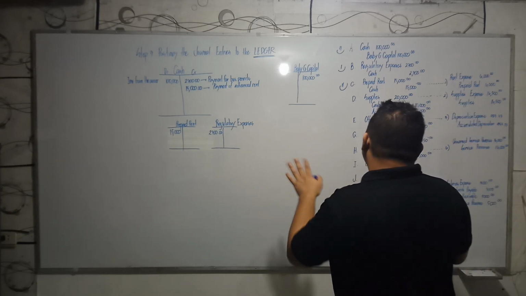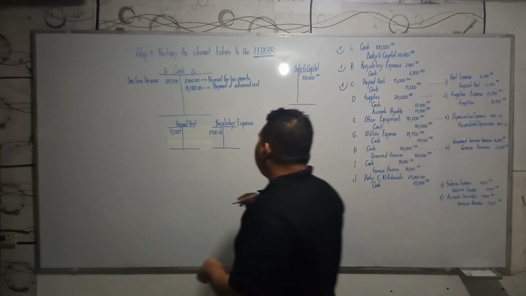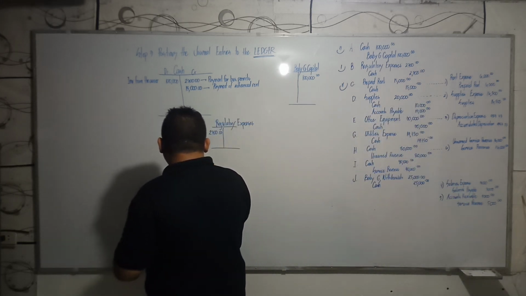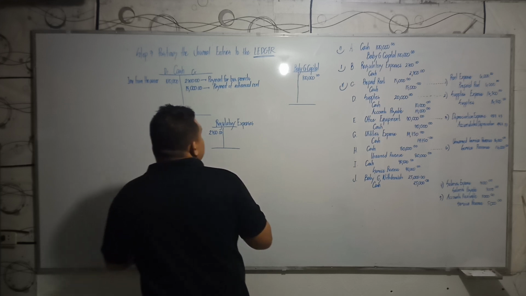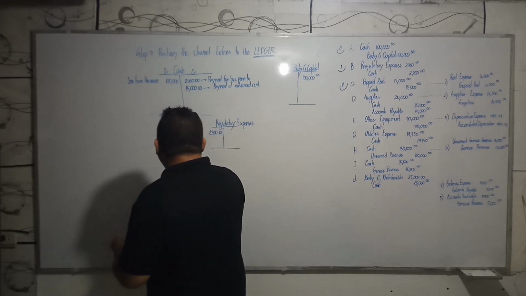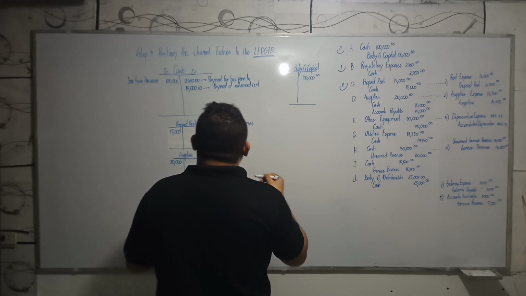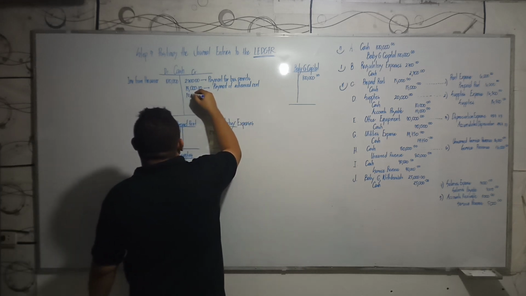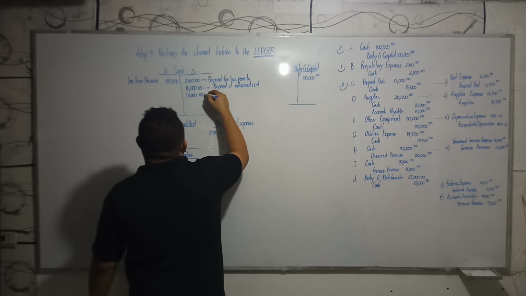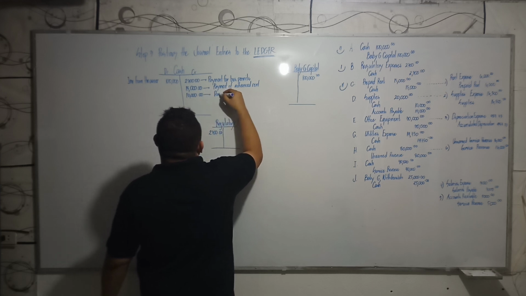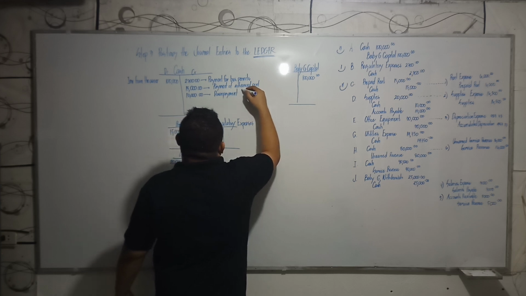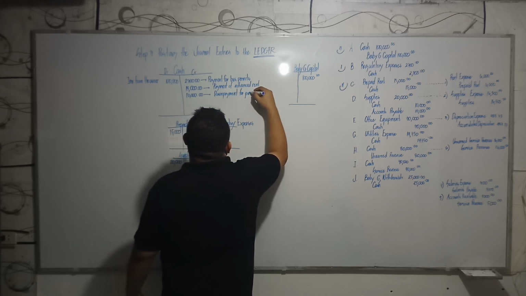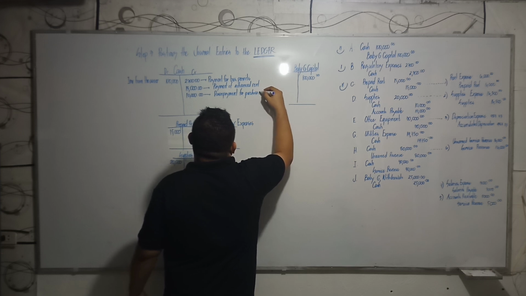Okay? Now let's have letter D. Letter D, we have supplies. And the supplies is debit 20,000 and credit cash, but it's only 10,000. So the explanation for this one, you can put here down payment for purchase of supplies.